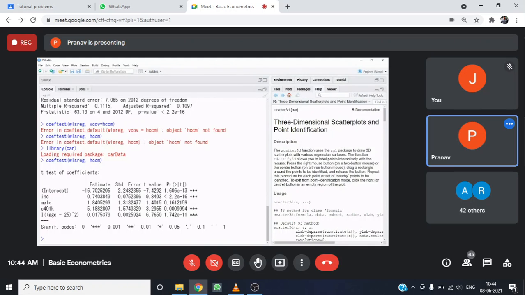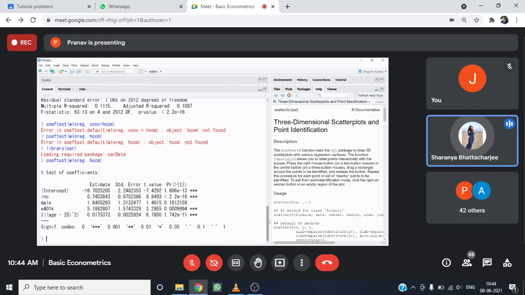ठीक है? Yes. Sir, I have one doubt. हाँ जी. In this WLS model that we just created, even if we run a BP test on this model, why is it coming to be a very low value? Like we just removed the problem of heteroscedasticity, right? If we just run a BP test on the WLS model, that's REG2, I think, in your case. Correct.